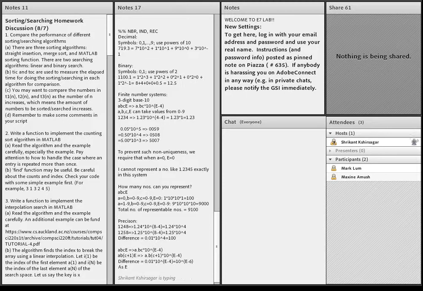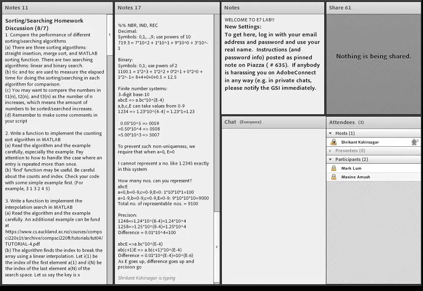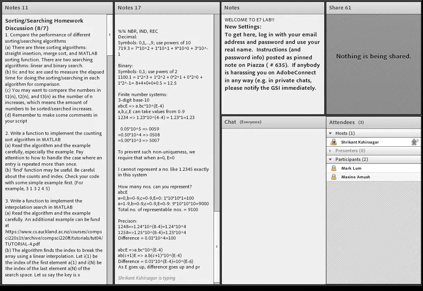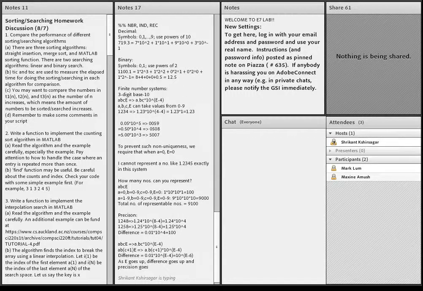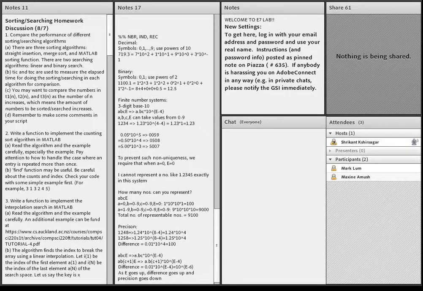So as E goes up, the difference goes up and precision goes down, right? So this is the first characteristic, that the precision at any given number in the representable numbers depends on what number you are at, and specifically on the exponent.